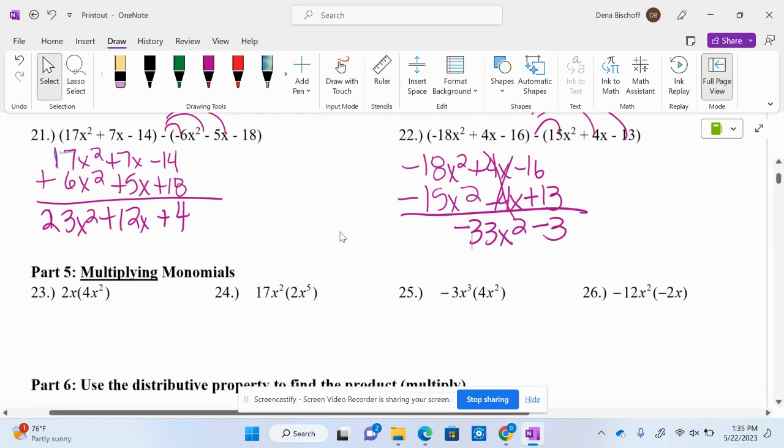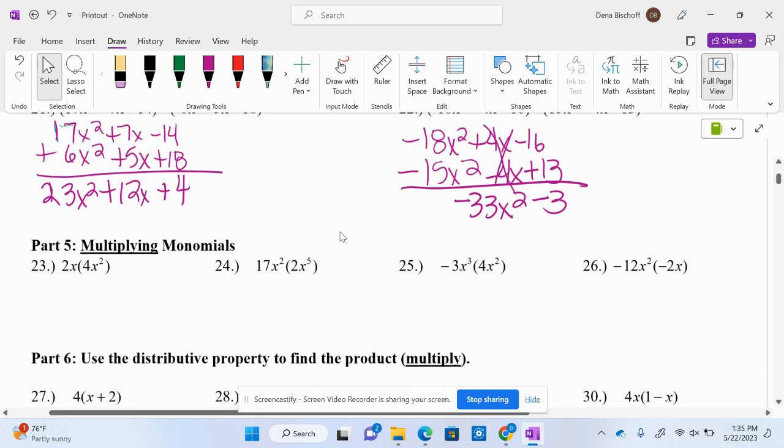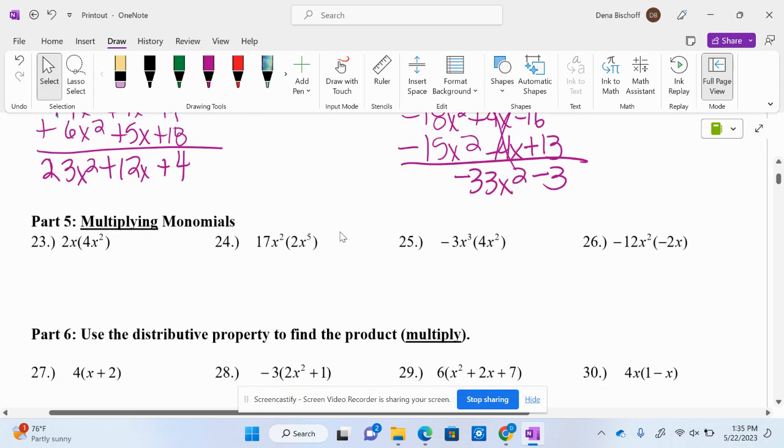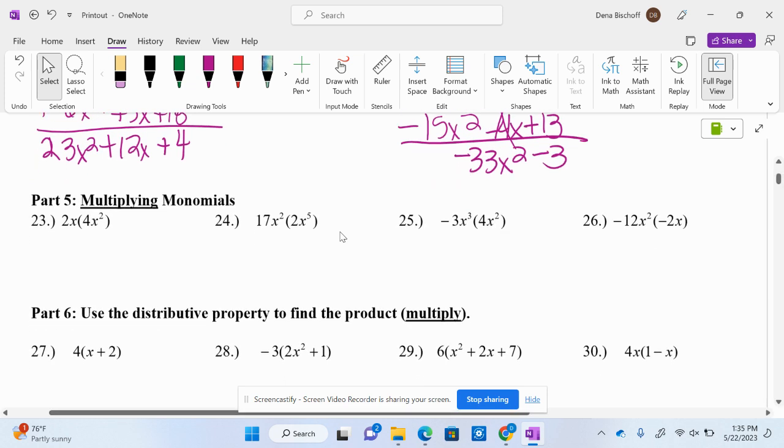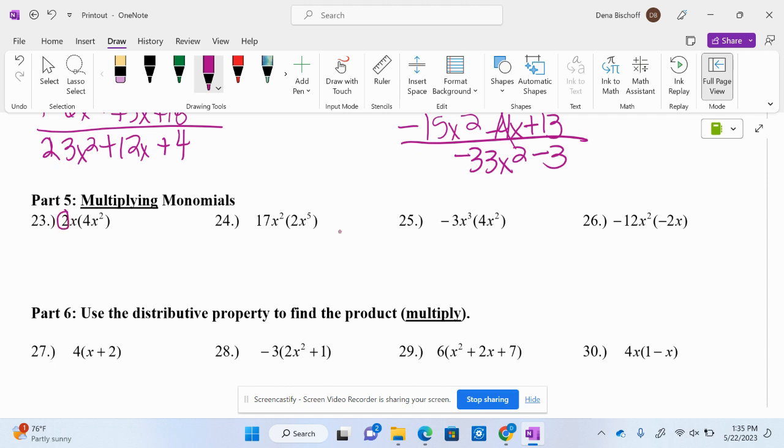Okay. So number 23. When you have a monomial outside of a parenthesis and it's just getting multiplied through by another monomial, so 2 terms getting multiplied together, remember that you're going to take the constants and multiply them together. So you're going to figure out what 2 times 4 is.